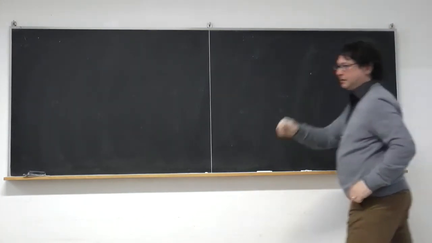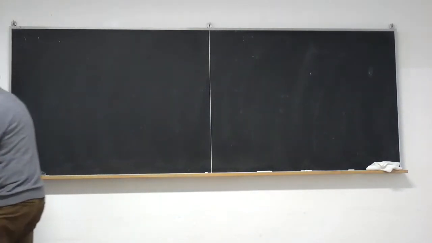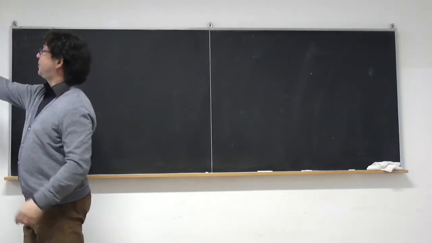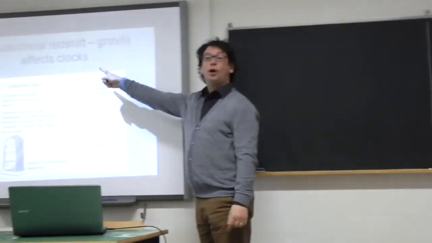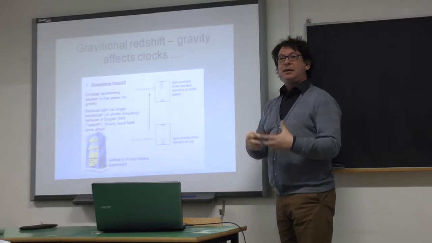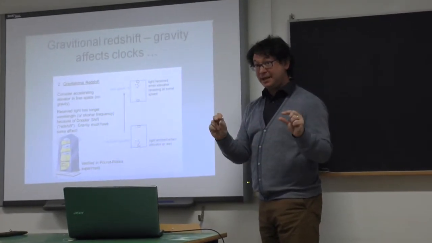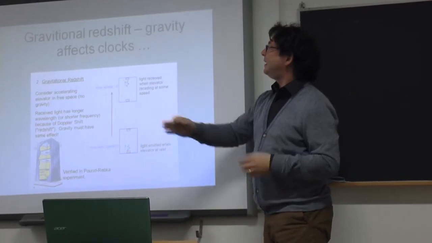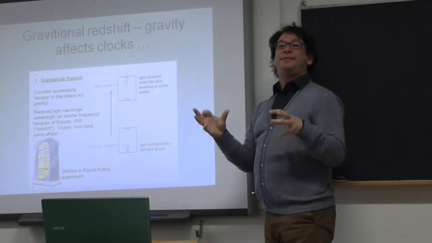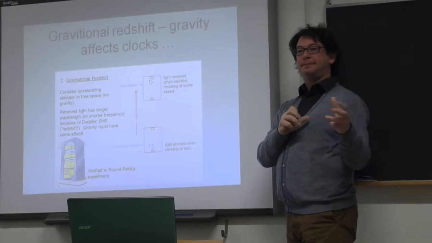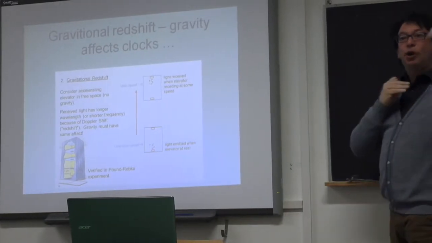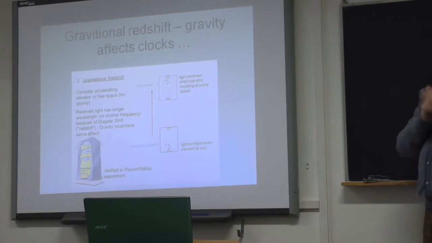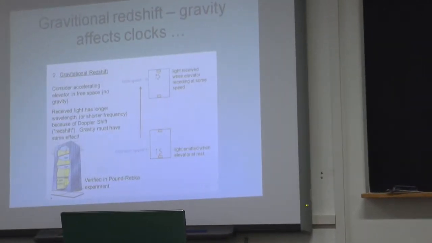Now, another consequence, it's not here, or is it here? Gravity affects clocks, and gravity affects frequencies, and gravity creates redshift and blueshift. It's like Doppler effect, but without Doppler effect. It's purely gravitational.